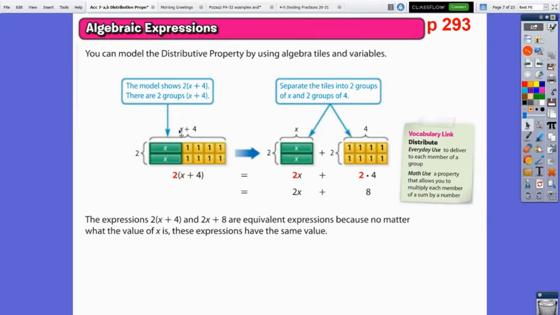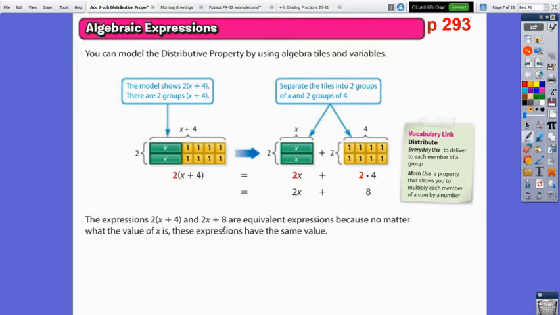So this model here is x plus 4 on each row. So it's 2 x plus 4s, which is what this shows here. Well, that's the same as if you went downwards, 2 x's plus 8. So 2x plus 8 is the same as 2 times parentheses x plus 4.